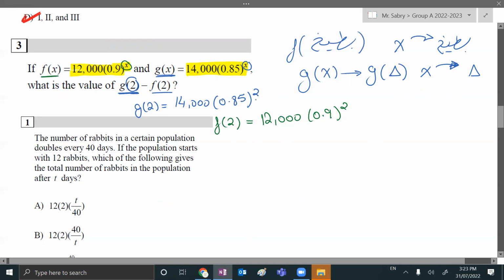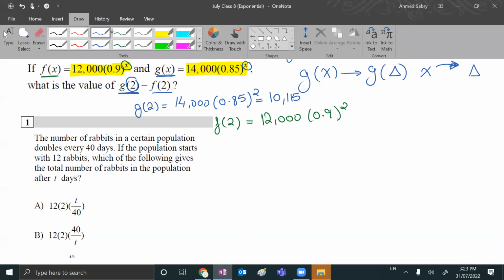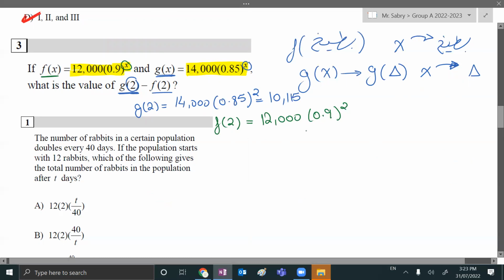So 14,000, this one will come out as 10,115. And this one will come out as 9,720.